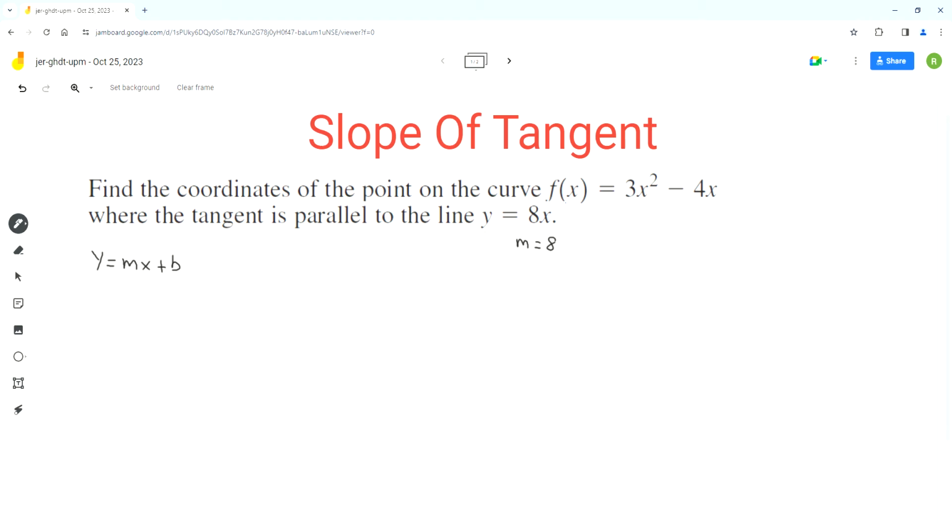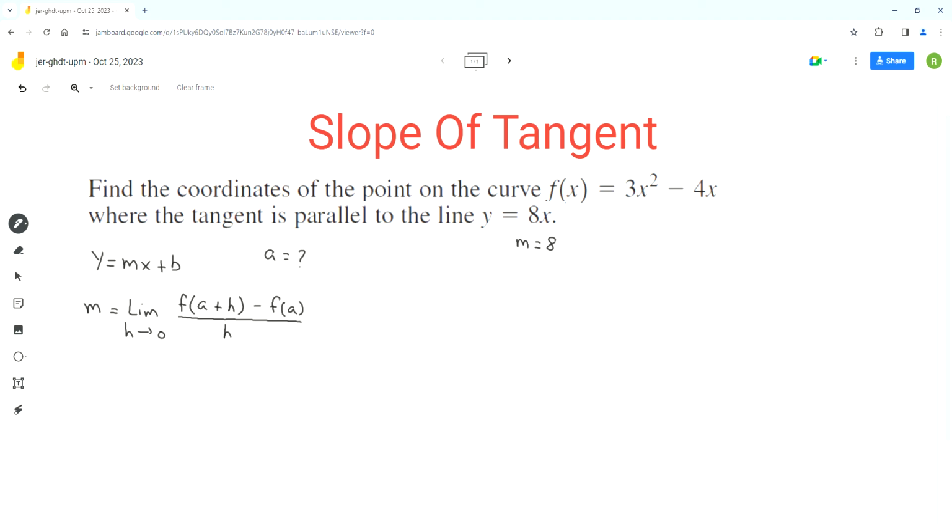So now we can write a formula for calculating the slope using the difference quotient expression. The formula is m equals limit h approaches 0 of f of a plus h minus f of a over h. We have to find this a value. So in this case, a is the unknown we have to solve for.